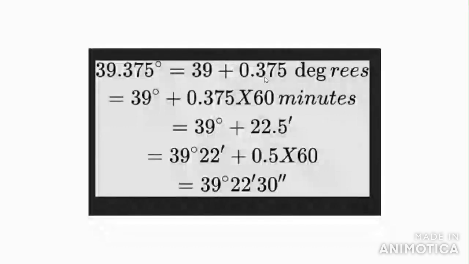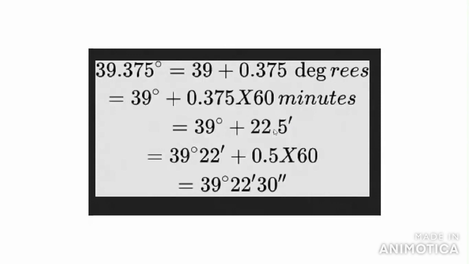This is the method of converting degree to minutes. And you can simplify this, you will get 22.5 minutes. 0.375 into 60 is equal to 22.5 minutes.